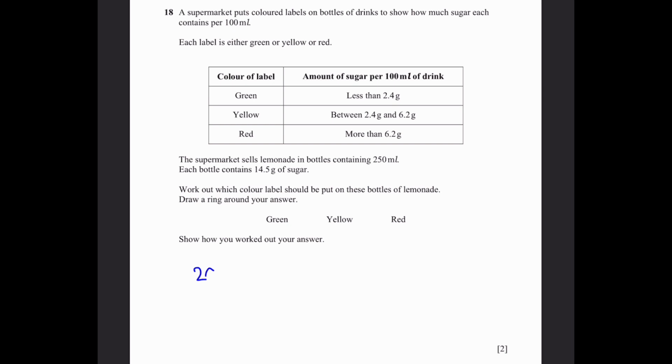So 250 is equal to 100 into 5 by 2. Or in other words, 250 into 2 by 5 is equal to 100 ml over here. Now we can multiply the same thing by 14.5. 14.5 into 2 by 5, and we get the amount of sugar per 100 ml of drink.